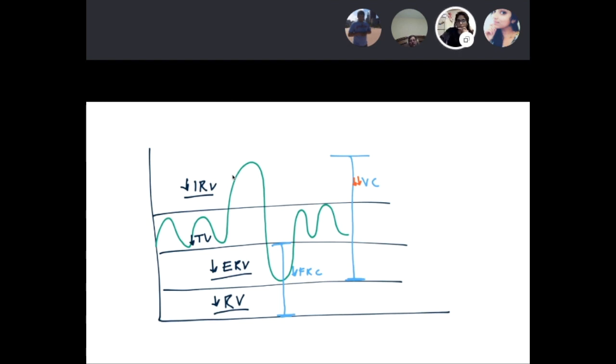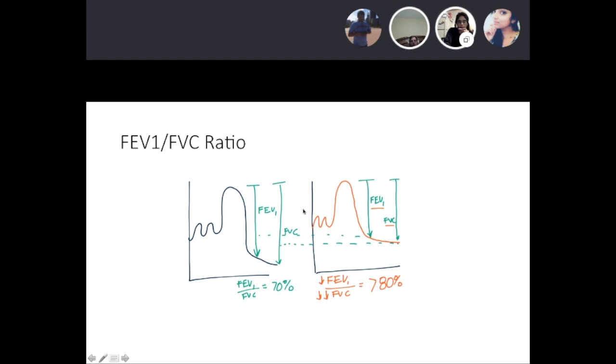So are we good so far in terms of understanding how those decreased values of the volumes make sense in a restrictive lung disease? Okay, so taking a zoomed in picture at the forced expiratory volume at 1 minute and the FVC. Again, the left-hand side is showing our normal, but the right-hand side is showing what it would look like in a restrictive lung disease patient.